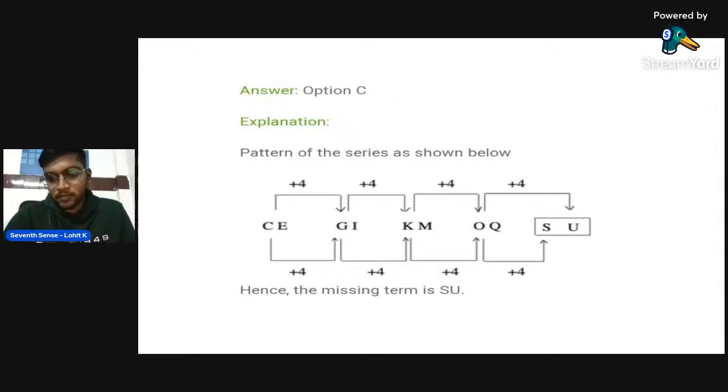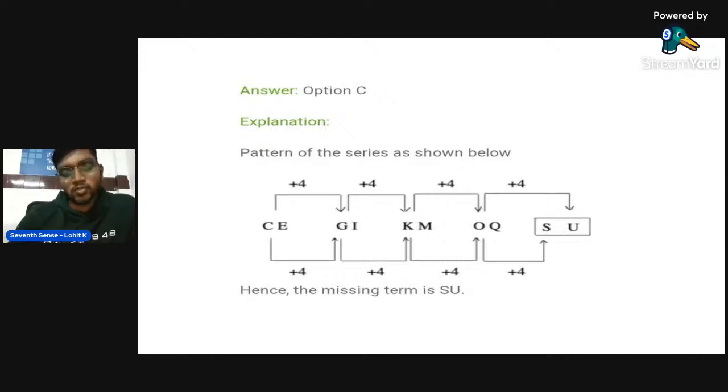Two members have given the answers using this pattern. So you're getting different kinds of patterns for solving a single question, and here also I'm showing a different kind of pattern. That is the reason you have to study letter series very carefully, because you can get the same answer using different patterns. Whichever is faster, go for that particular pattern.